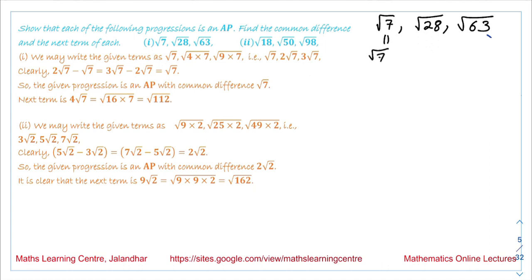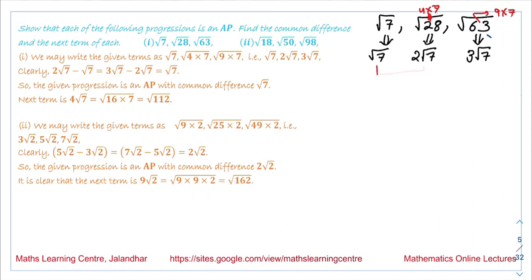So it is root 7. This value, root 28, we can write as 2 root 7, and root 63 is 3 square root 7. We can write 28 as 4 into 7, and 63 as 9 into 7. So these are the answers.